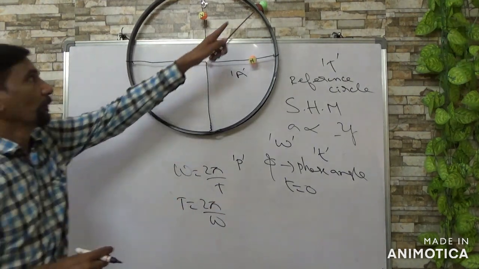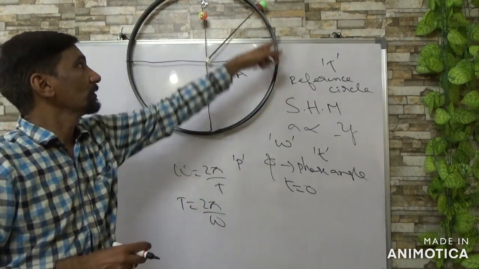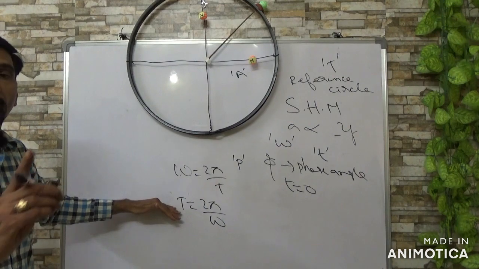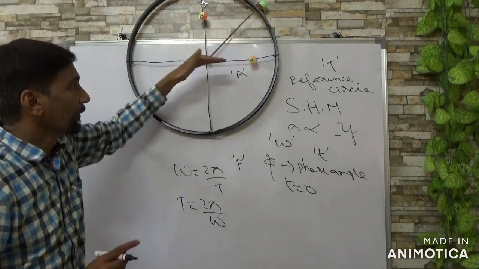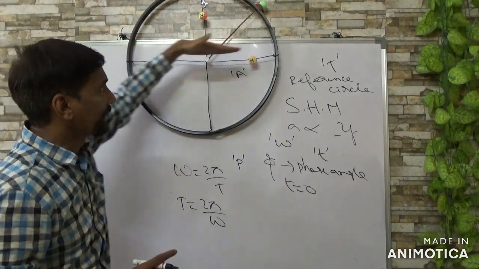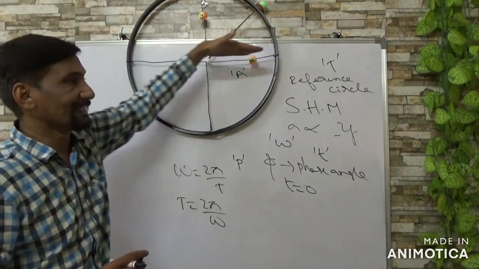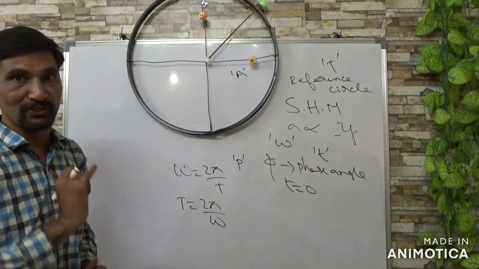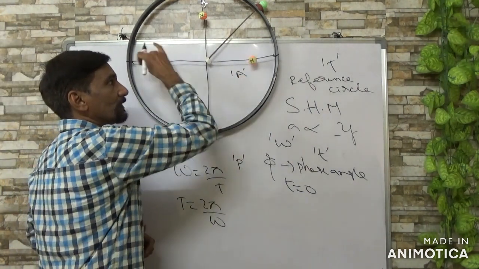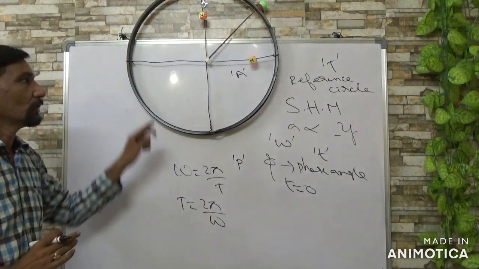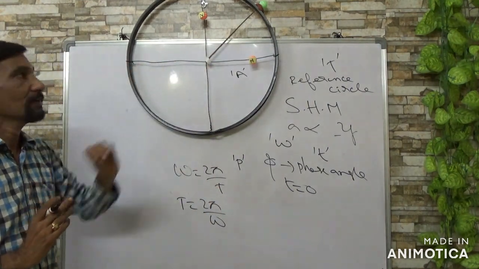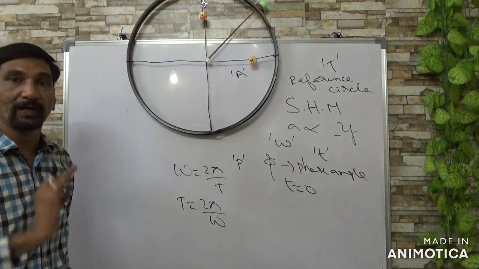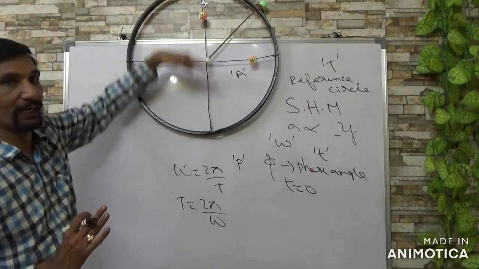When the particle moving on the circumference takes T seconds to complete one rotation, the particle moving along the x-axis takes T seconds to complete one oscillation. Particle M takes T seconds to complete one oscillation, or else particle N takes T seconds to complete one oscillation along the y direction.